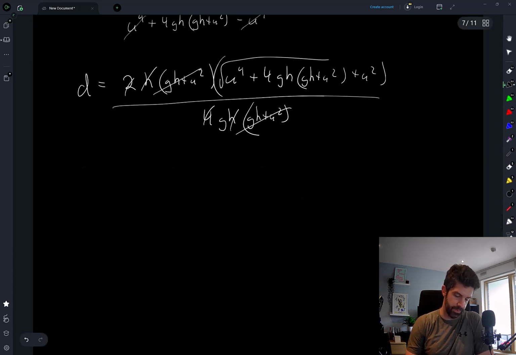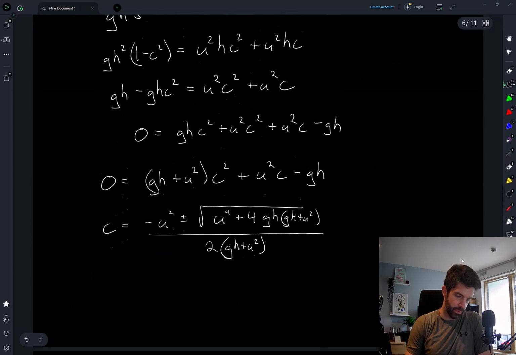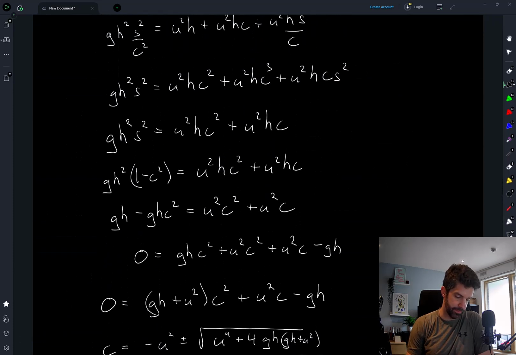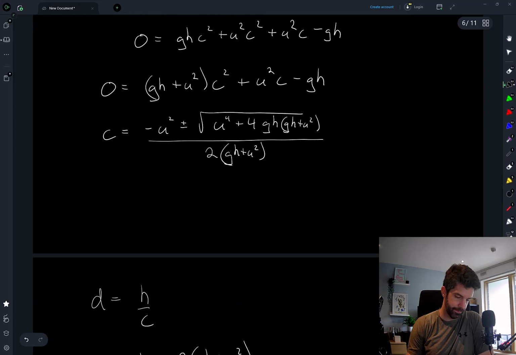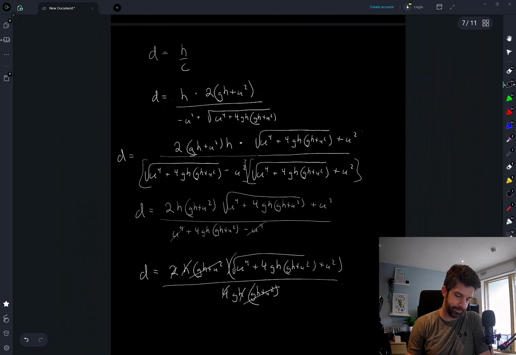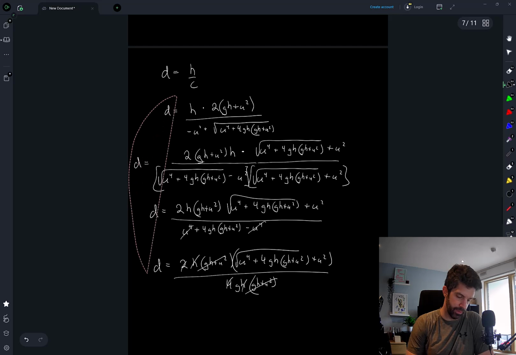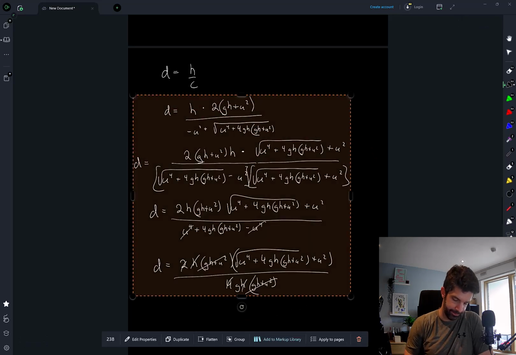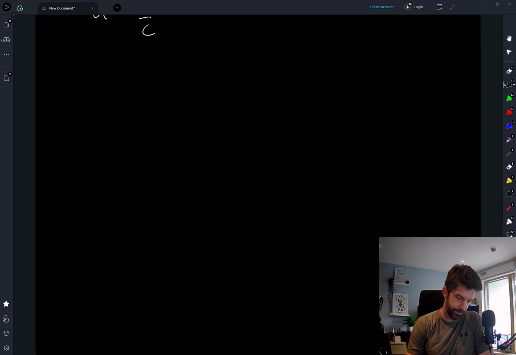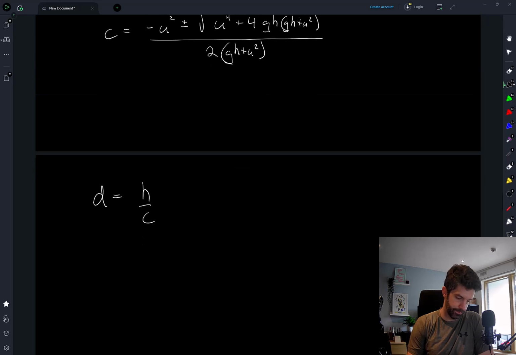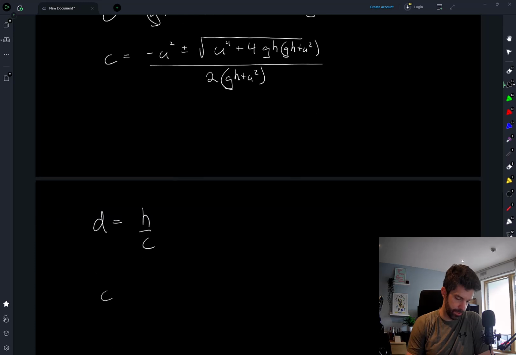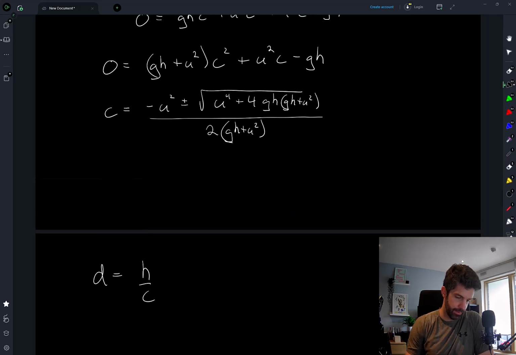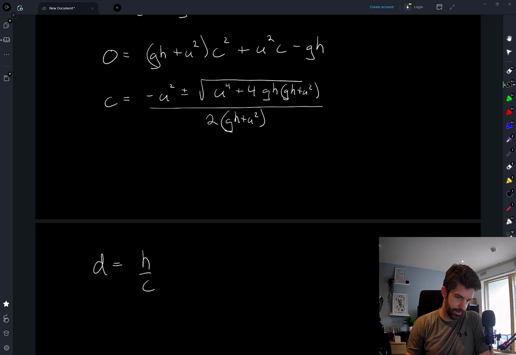Oh, this quadratic must factor very nicely. Okay. I'm doing a lot of unnecessary work because I didn't recognize something. So where's the original quadratic?